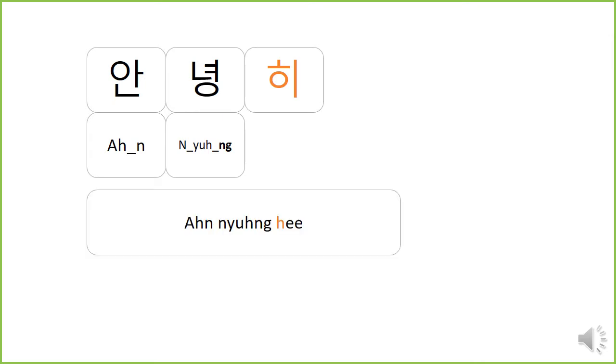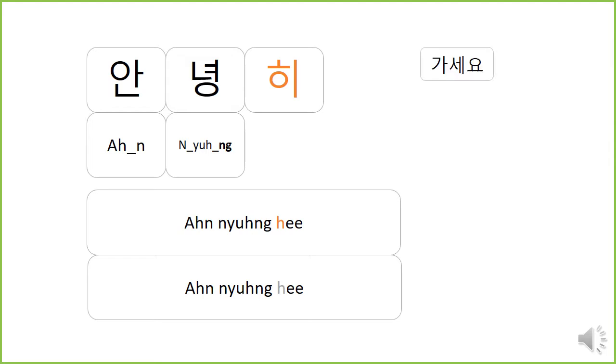Do you remember what we talked about the H sound? If you soften the H sound, it almost just sounds like 안녕이. Try to experiment both ways when you say it.